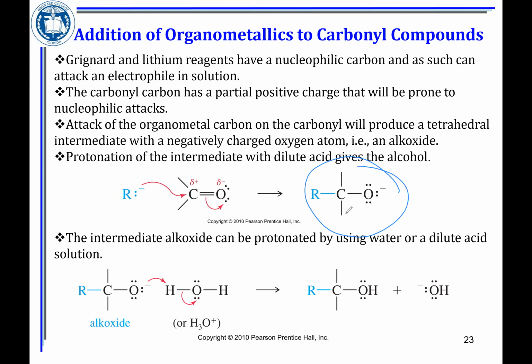You cannot leave your reaction in this step. So every time you're using Grignard reagent or alkyl lithium, RLi, you must follow up with the second step, which is the hydrolysis. So you cannot isolate the alkoxide. Alkoxide is very reactive and is still mixed with the organometallic compound.